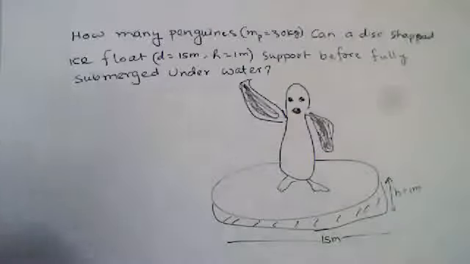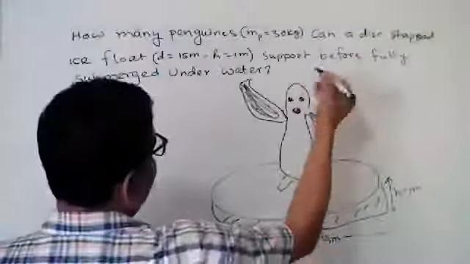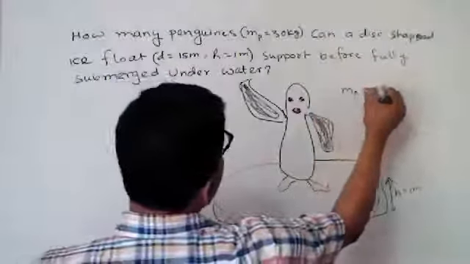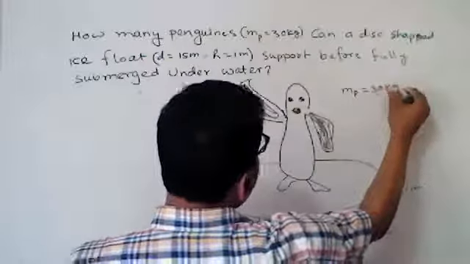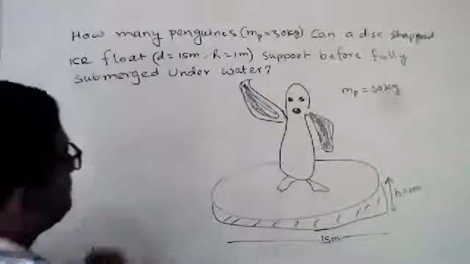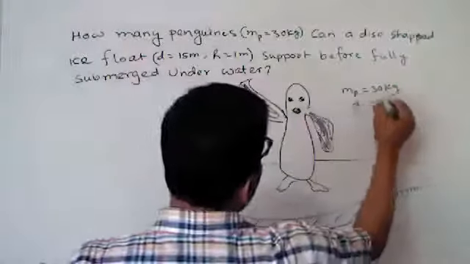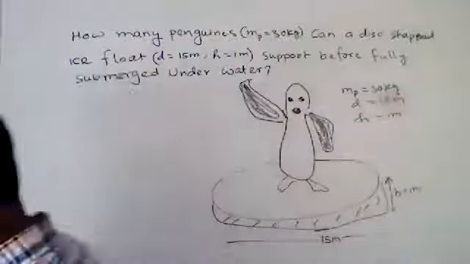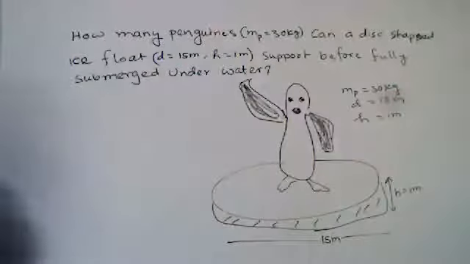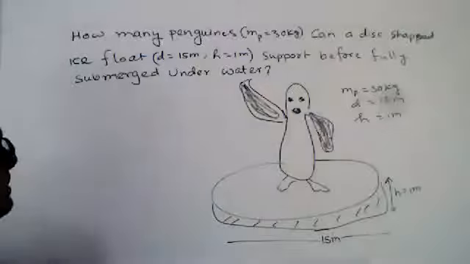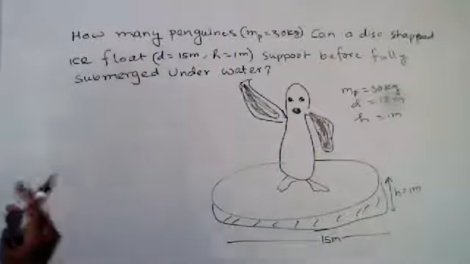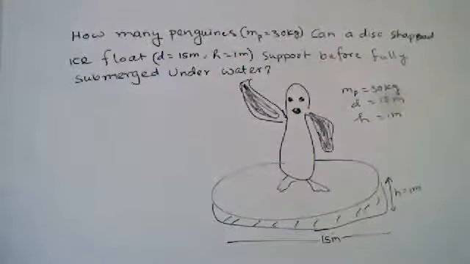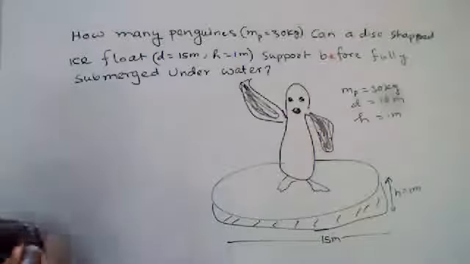Now, we had MP equals 30 kilogram, D equals 15 meter, and H equals 1 meter. How many penguins can the ice disc hold while remaining fully submerged? These penguins are seen in seawater.